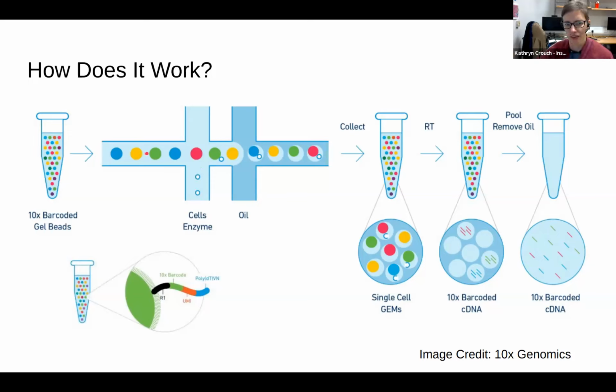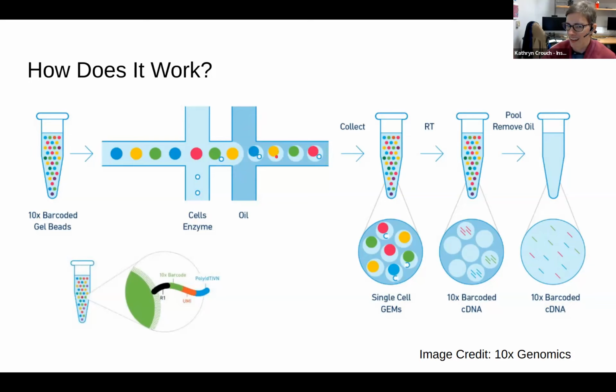And as the cells and the beads go through the microfluidic system, we then feed in oil. And because oil and water don't mix, what happens is that the aqueous buffer forms bubbles in the oil. And we adjust the flow rates of all of these different things such that we end up with hopefully one gel bead in each bubble.